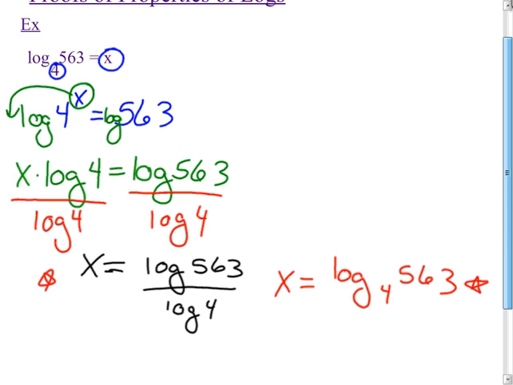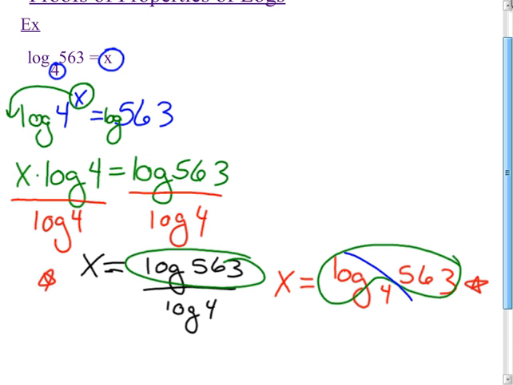Do you see any commonalities between the two? This is a really wonderful property, which we call change of base. If it is in log form, I can take the log of my argument and divide it by the log of my base. And that gives me my x value.